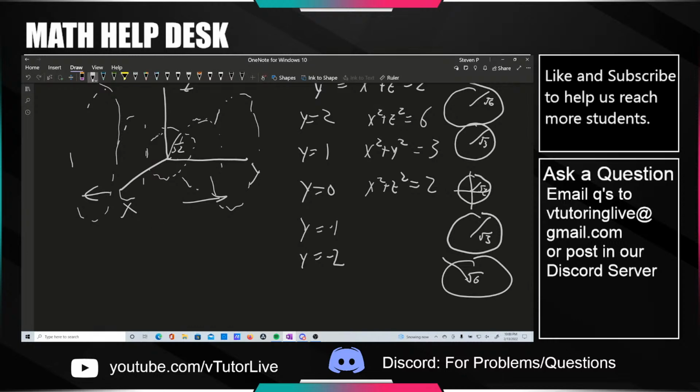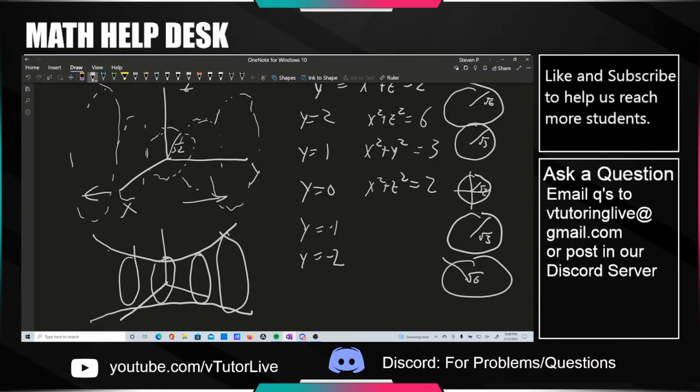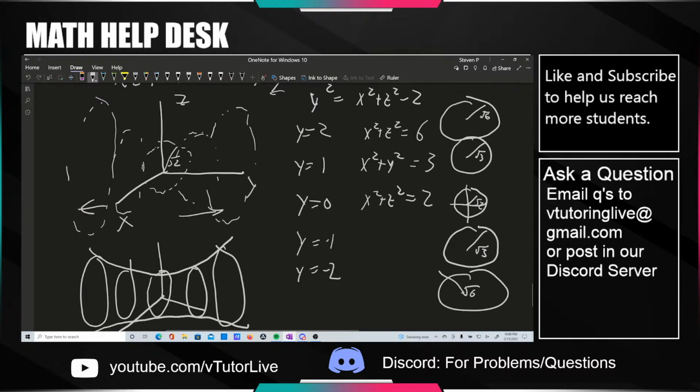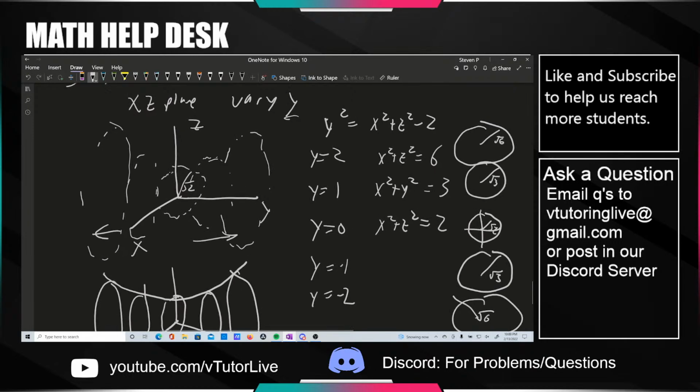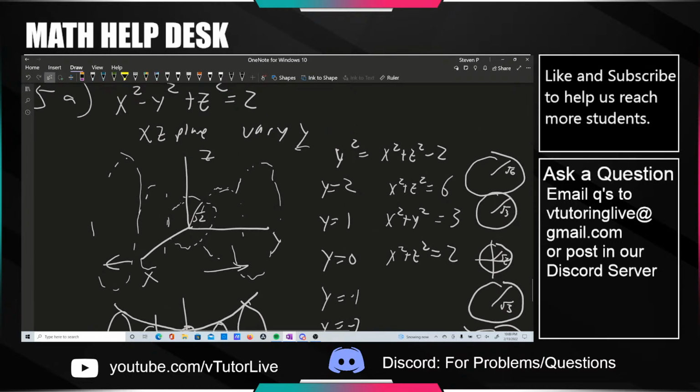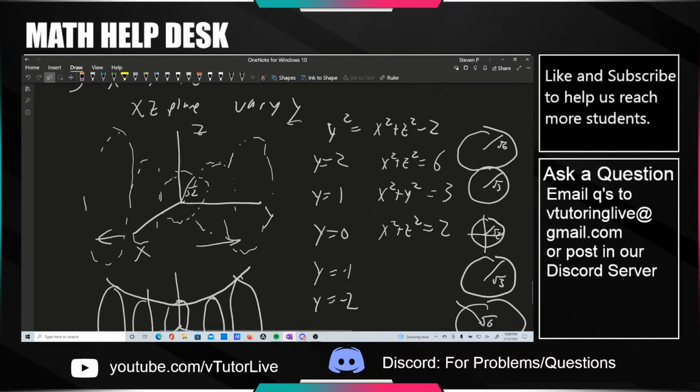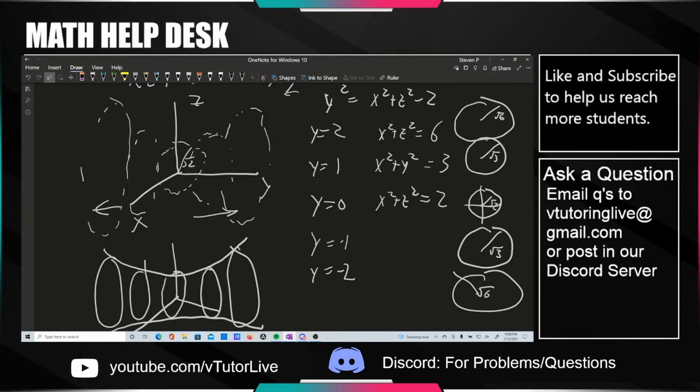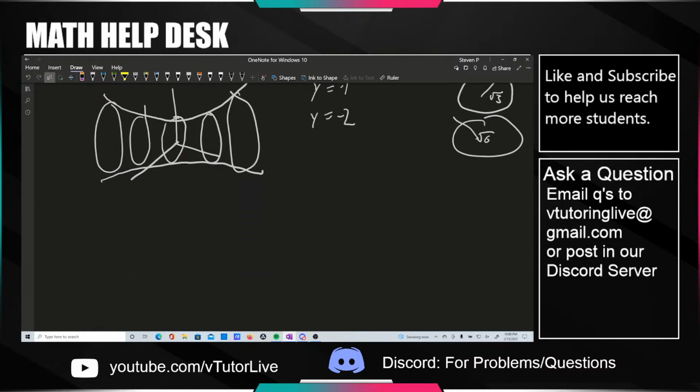It gets pinched towards the center, but the cross sections become larger and larger circles as you get away. That should describe things pretty well. This should have been a Z, I don't know why I wrote that as a Y. Okay, that's basically all there is to that one.